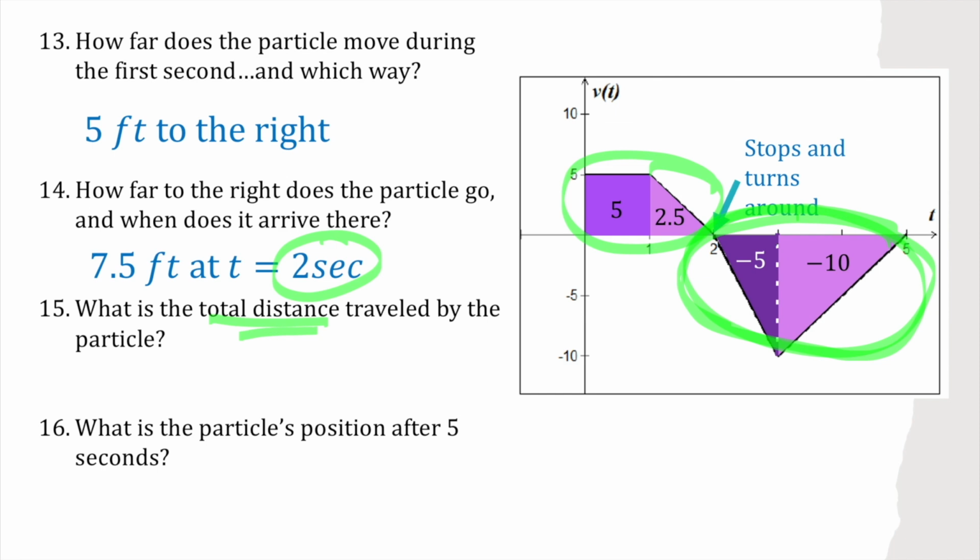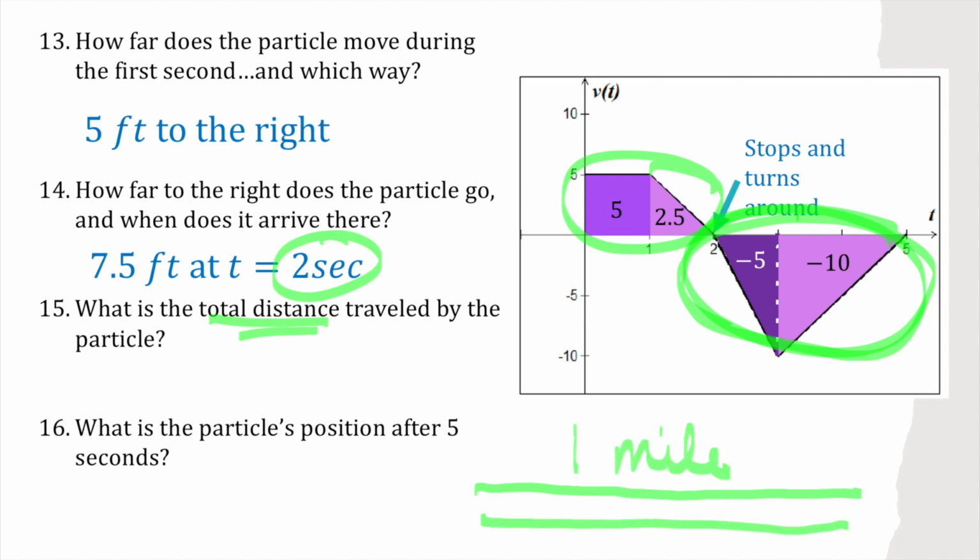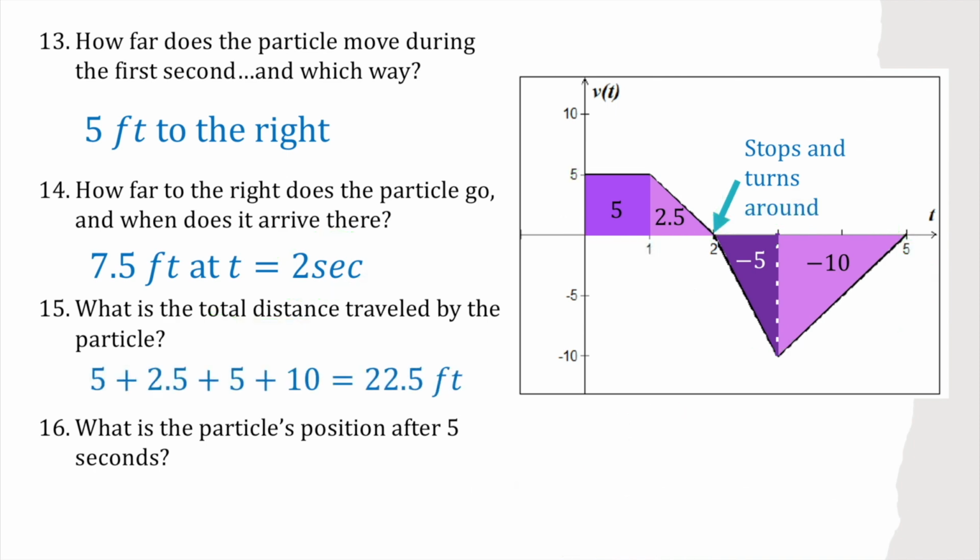Well, think about if you walk 1 mile, and then you turn around and walk home, that's another mile. So left and right, you still walked 2 miles, right? So total distance is the absolute value of all the distances added together. So add all those together, you get 22.5 feet.